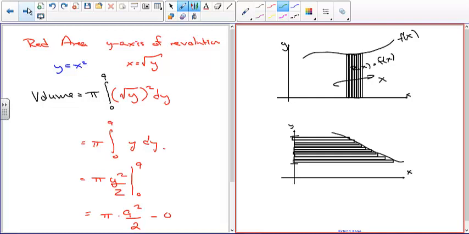So depending upon which axis we're rotating around, if we're given y as a function of x, we have to solve it for x as a function of y. And we also have to change our limits because these rectangles are being stacked up in the y direction, so we have to add in the y direction. And the y values are the things that are the limits of integration.